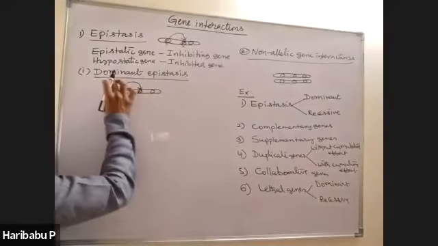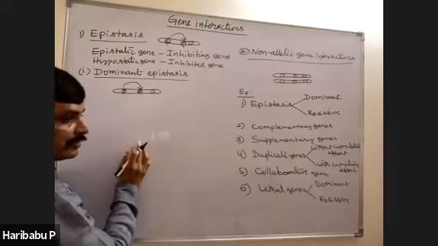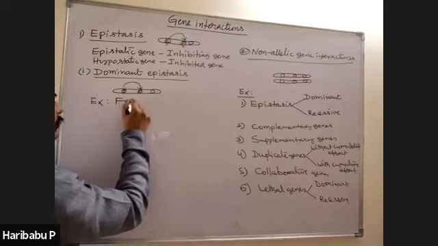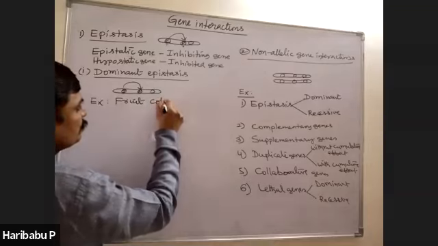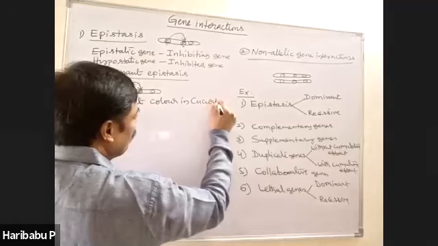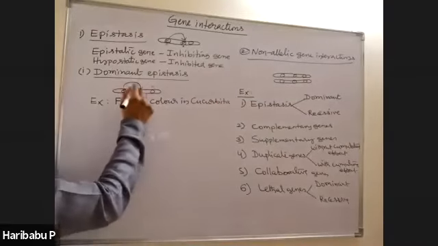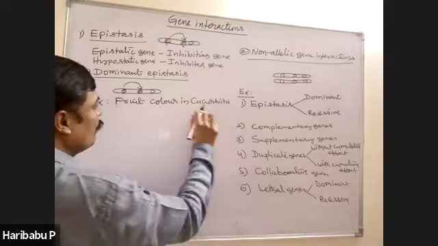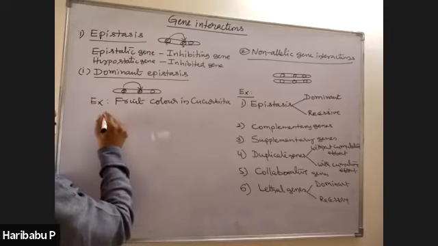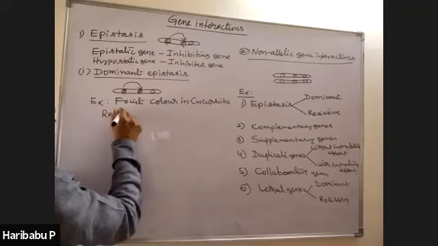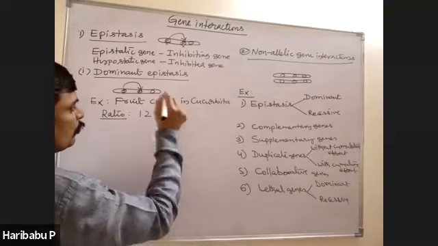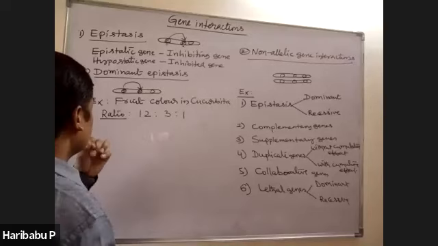This is called dominant epistasis, right? The best example is fruit color in cucurbita. Dominant epistasis is observed in fruit color in cucurbita. Because of this, the dihybrid phenotypic ratio is modified and the ratio of dominant epistasis is 12:3:1.